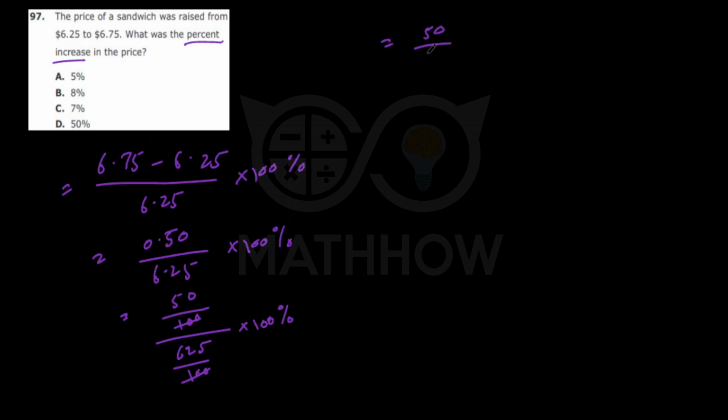This will be 50 divided by 625 multiplied with 100%. 5 tens are 50 and 5 ones are 5, 5 twos are 10 and 5 fives are 25. 5 twos are 10 and 5 twos are 10 and 5 fives are 25. 25 ones are 25 and 25 fours are 100. 4 multiplied with 2 will become 8%. The correct answer will be option B.